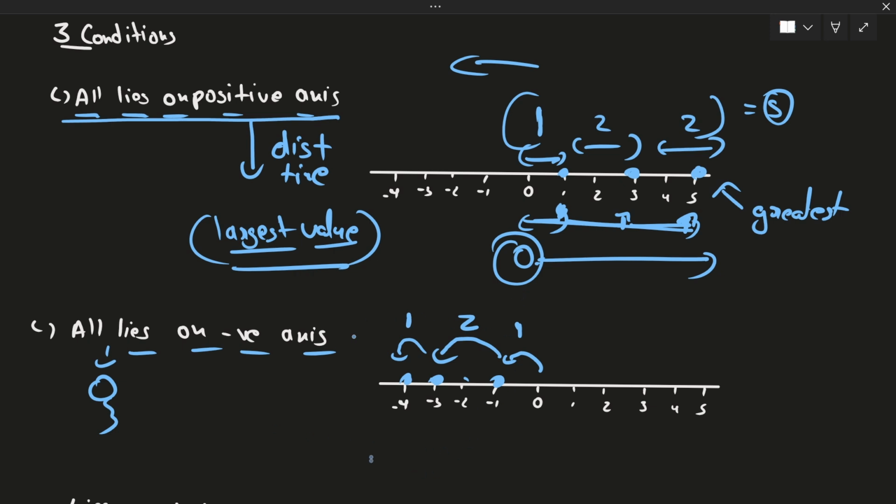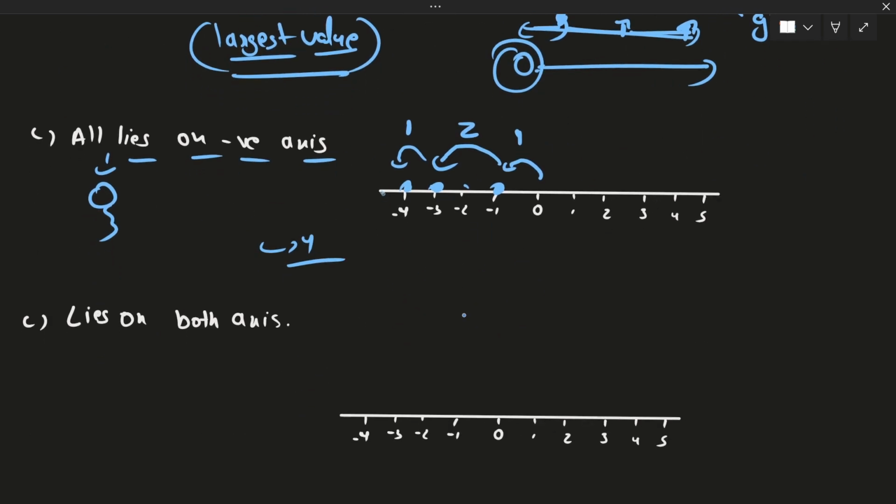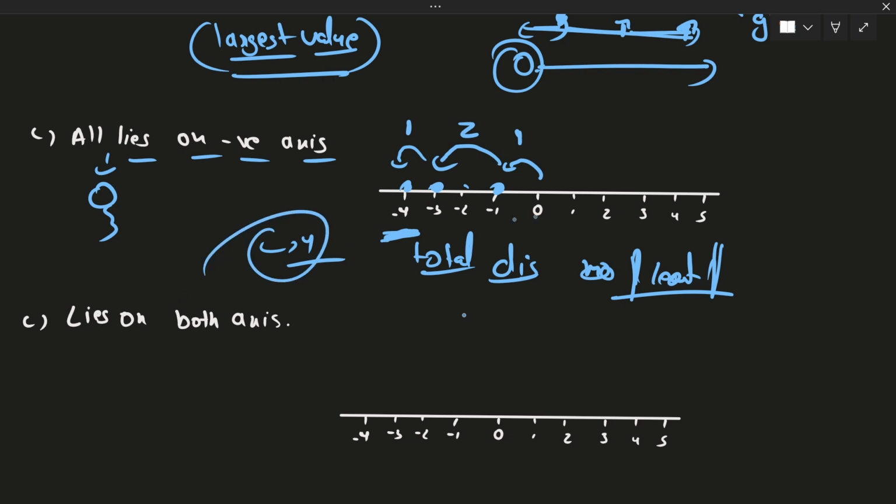So the total time taken is 4. Here we can say that the total distance traveled will be equal to the modulus of my least number, the most extreme number, the number on the extreme left, will be my total distance covered.